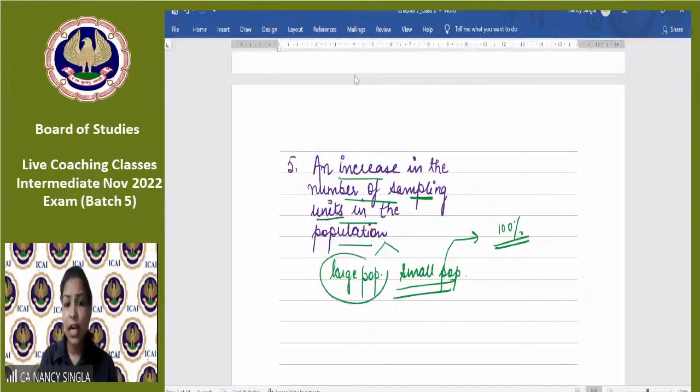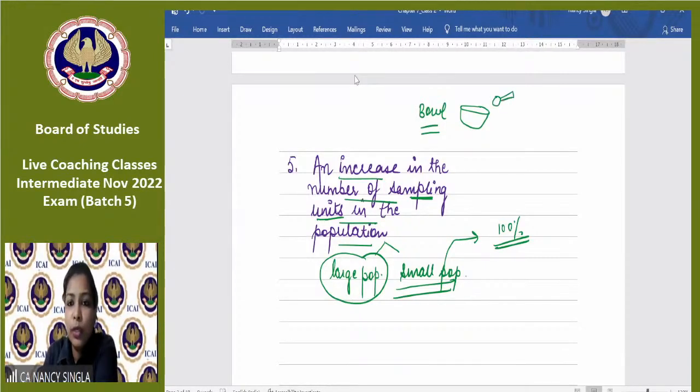In case of a large population, just try to understand this with the help of this example. Suppose this is a bowl of soup. Okay? And I have asked you to taste it. So you will take a spoon and taste it, and you will be in a position to tell me whether it is good or not. Okay? Now suppose this is an entire pot of soup, and I have asked you to taste it. Now the population size has increased.